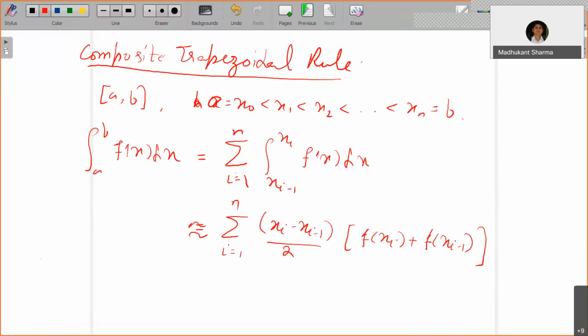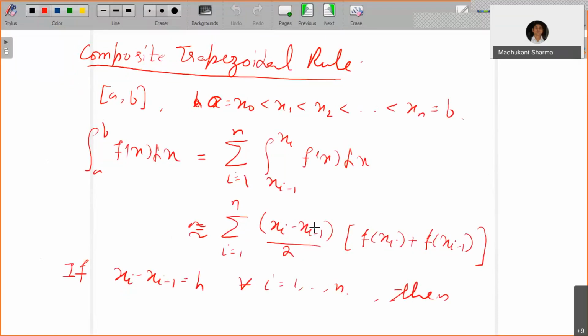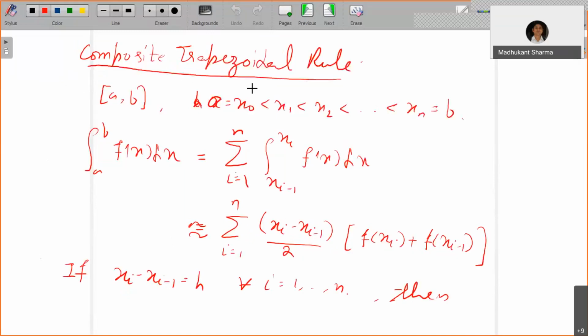Now if xi minus xi minus 1 is equal to h for all i equals 1 to n, uniformly spaced, then the integration from a to b of f of x dx is approximately h by 2 times, if I write the first term, f of x1 plus f of x naught.